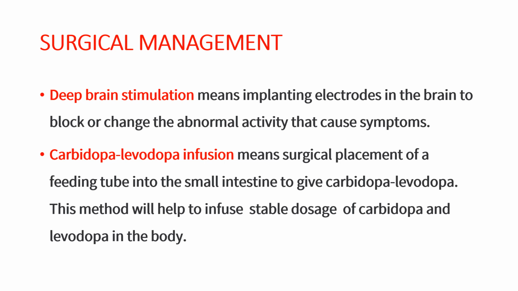Dyskinesia can occur in the body. So a proper, stable dosage of carbidopa, levodopa needs to be infused into the body. Through the surgical incision, the placement of a feeding tube into the small intestine helps to give a stable dosage of carbidopa and levodopa in the body.